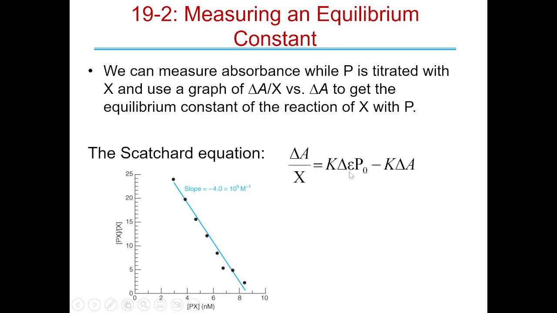Notice the y-intercept is actually the equilibrium constant times the change in extinction coefficient times P0. So if you had to solve for those, which I have never actually had to solve for them, that's where those terms are, in case you're curious.